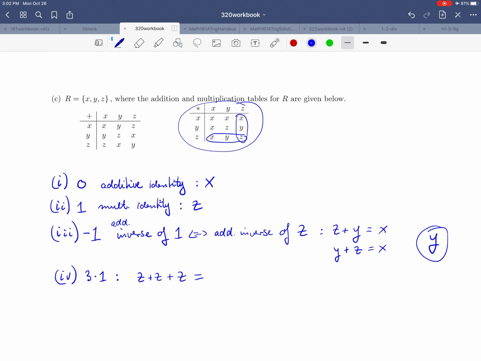So if I take z plus z, I get y. So z plus z plus z is y plus z. But if I take y plus z, I get x. And so the answer here is x.